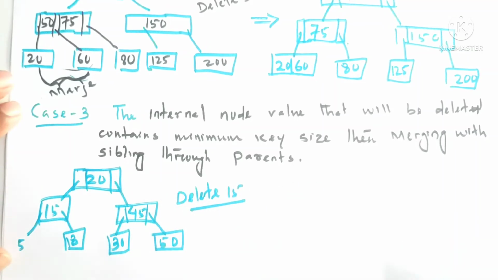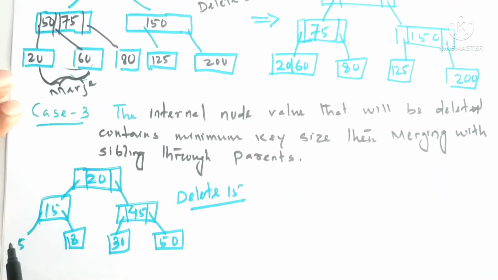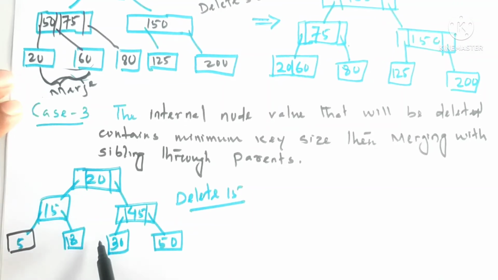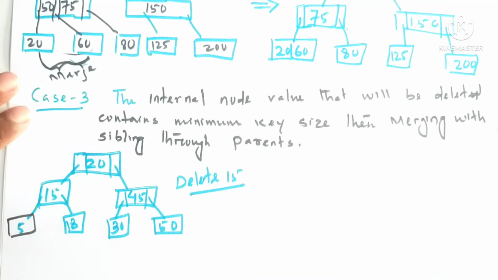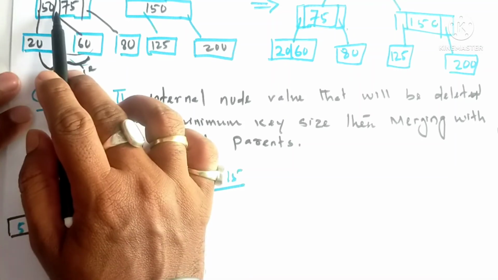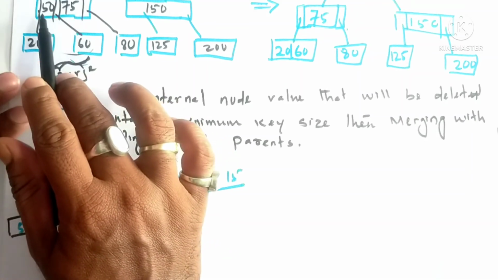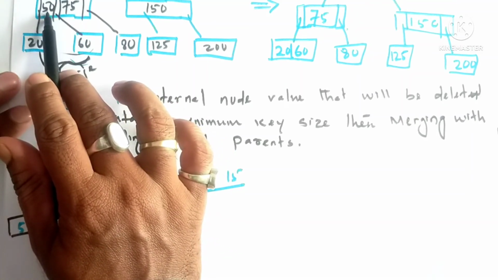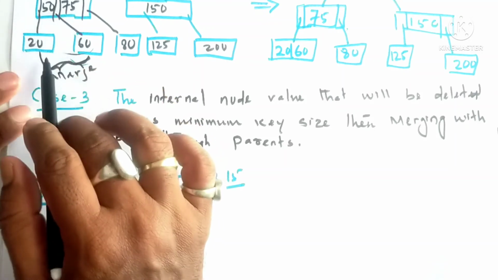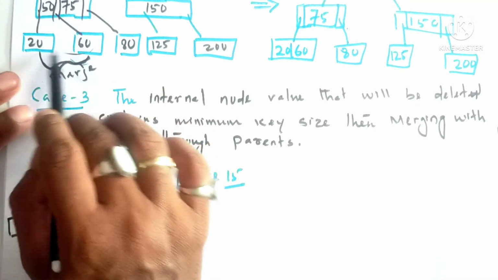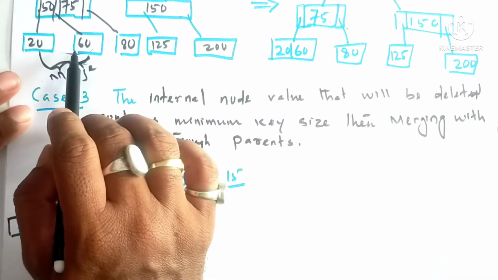So now just look, 15 is present in the internal node. I cannot directly delete the internal value 15 because it contains the minimum size, but in the earlier case it contained 2 keys. If I were going to delete 50, then another value, 75, is there, so in that case I can go for the merging of left and right children.